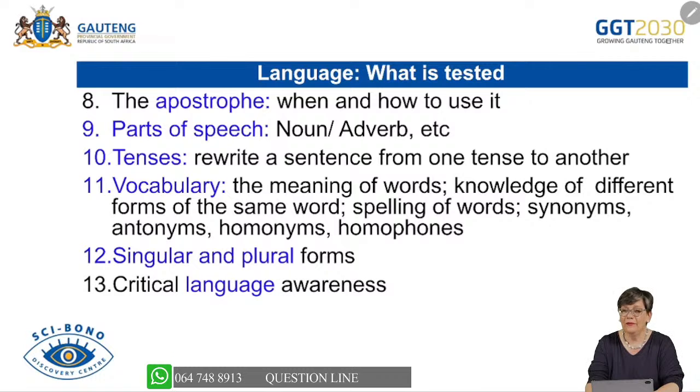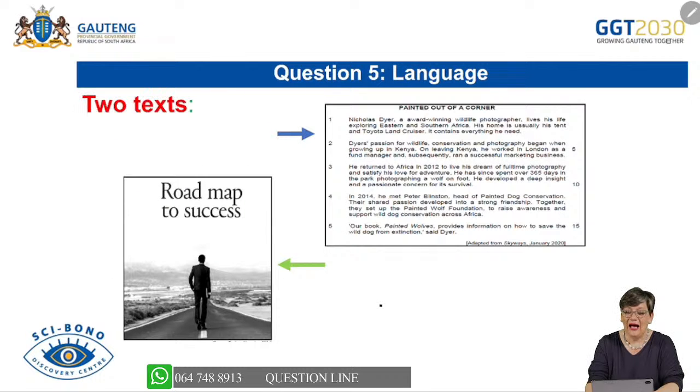Now, just like with your comprehension, with question 5, you will be given a written text, a short text. Now, let's quickly look at that.